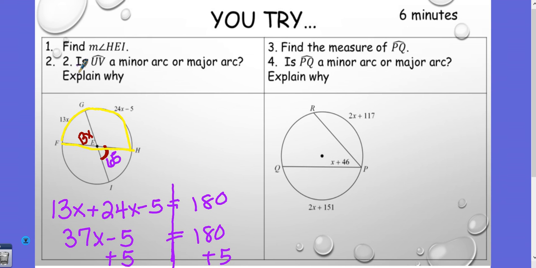Oh, wait, the second part of the question asks about arc HI: is arc HI a minor arc or a major arc? So we're going to look at the arc it's asking us to look at. That's this arc. And we know that if this is 65, then this arc out here is also 65.